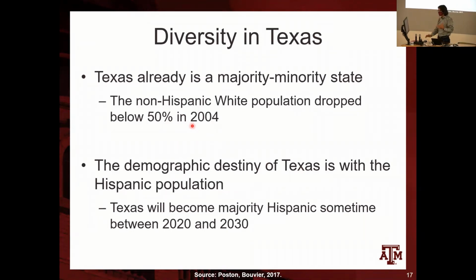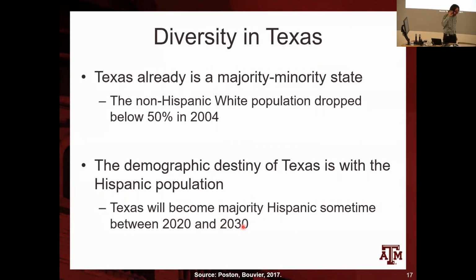And what is discussed in the textbook is that the destiny of Texas in terms of demography is with the Hispanic population. The Hispanic population is increasing a lot in these last decades. And the Hispanic group by itself will be more than 50% of the Texas population between now and 2030. Right?